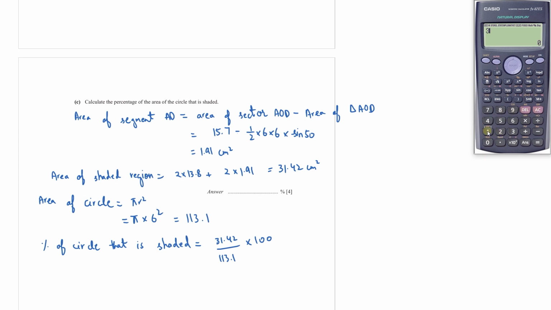So this will be 31.42 divided by 113.1 into 100. This will be 27.8 up to 3 significant figures. So this will be 27.8%. So 27.8% of the area of the circle is shaded.